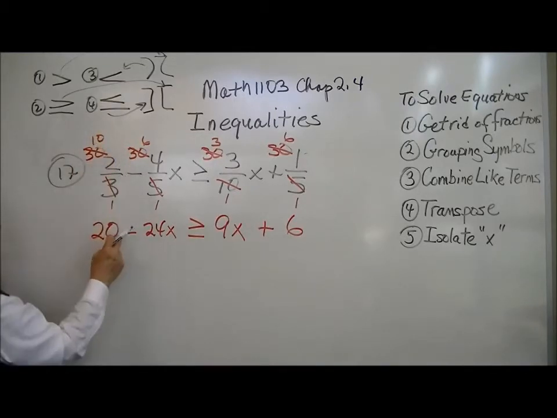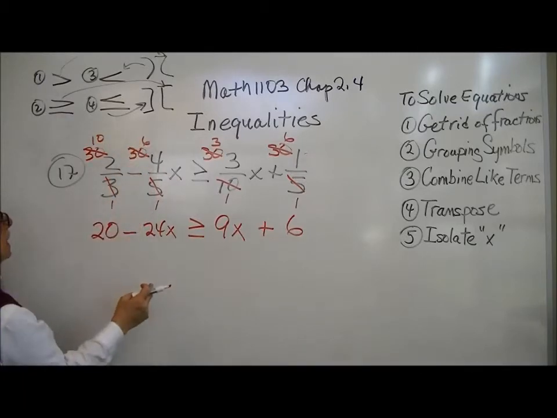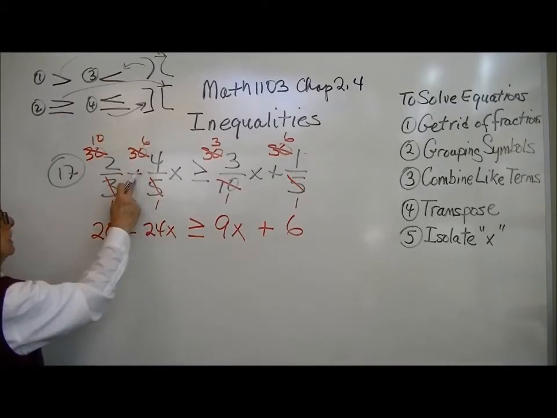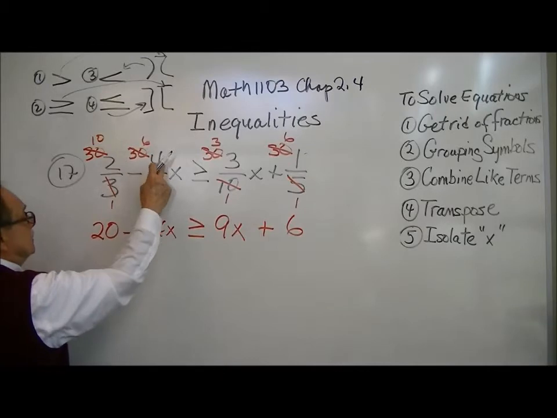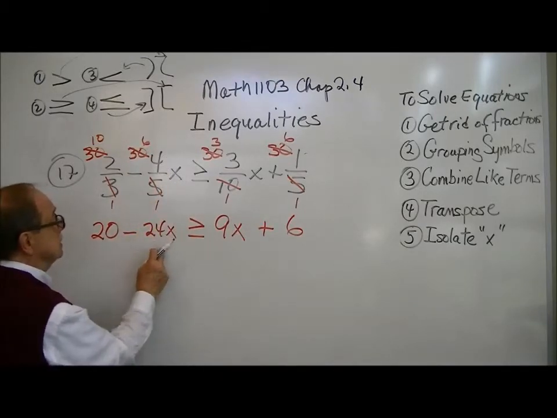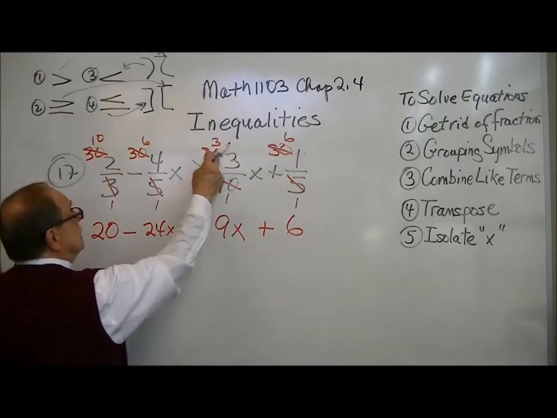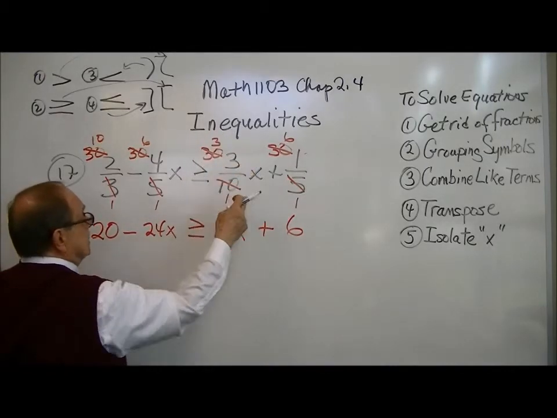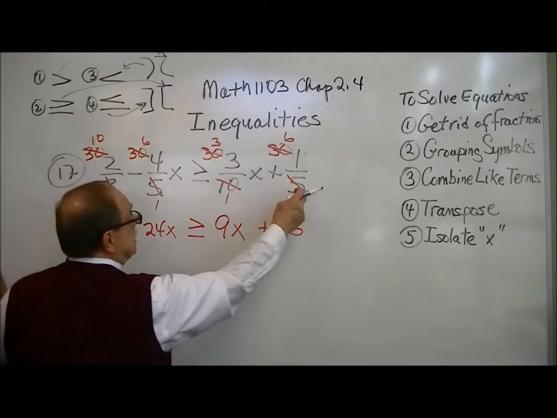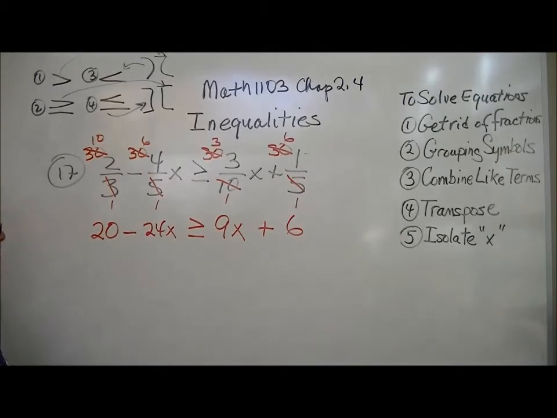So 10 times 2 is 20. 5 goes into 30 6 times. Keep in mind there's a negative there. Negative 6 times 4, negative 24x. This doesn't change. 10 goes into 30 3 times. 3 times 3x, 9x. Once, 6 times 1 is 6.